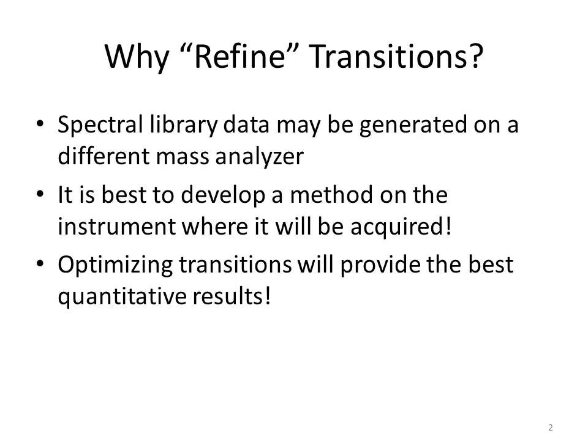And so starting with the data you have and then refining it to make it work for your platform is the goal here. And optimizing transitions, not only picking the best ones, but making the method to generate them as reproducibly and as intensely as possible, is going to provide the best quantitative results.